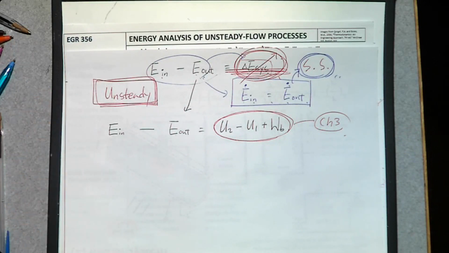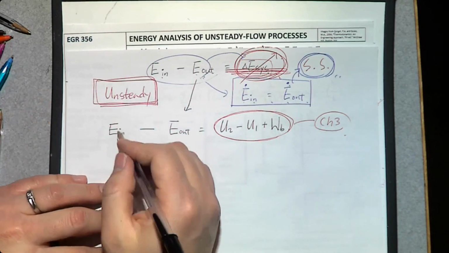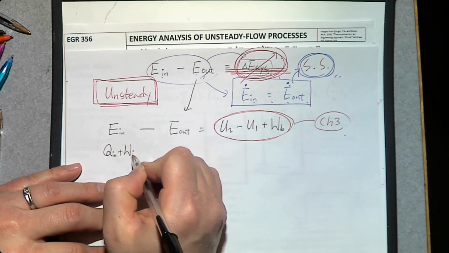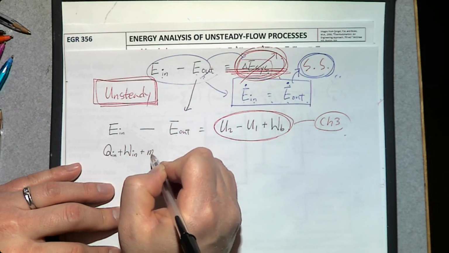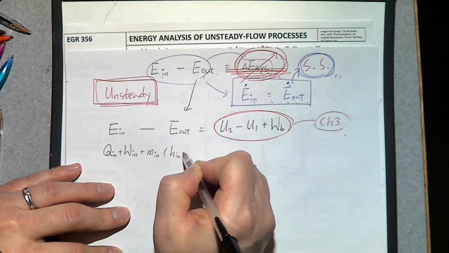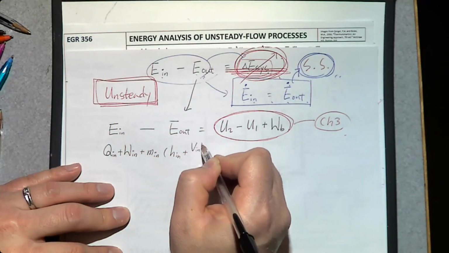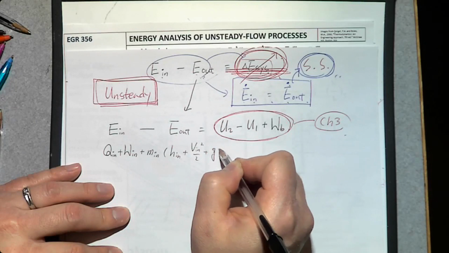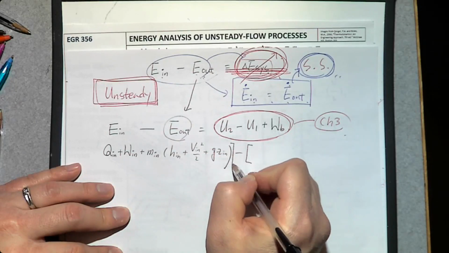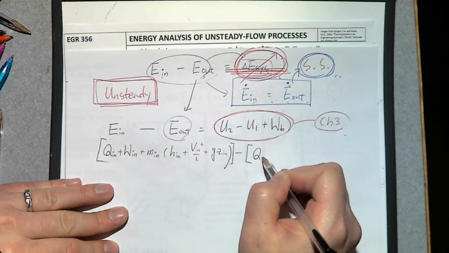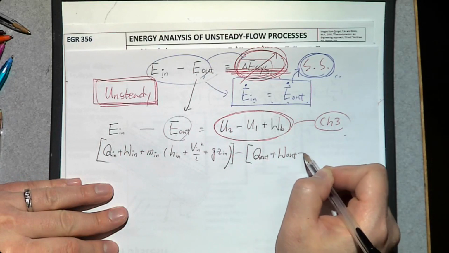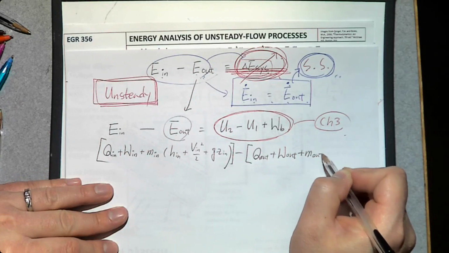So we are going to consider heat transfer Q, energy transfer by work W, and energy transfer by mass, which is mass transfer in multiplied by its enthalpy, kinetic energy, and potential energy. And we have energy transfer out, which is going to be the same thing: heat transfer Q, energy transfer by work W, and mass transfer that goes out.